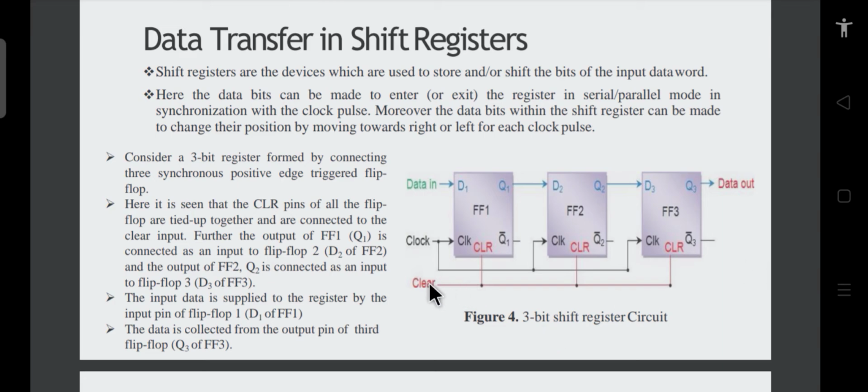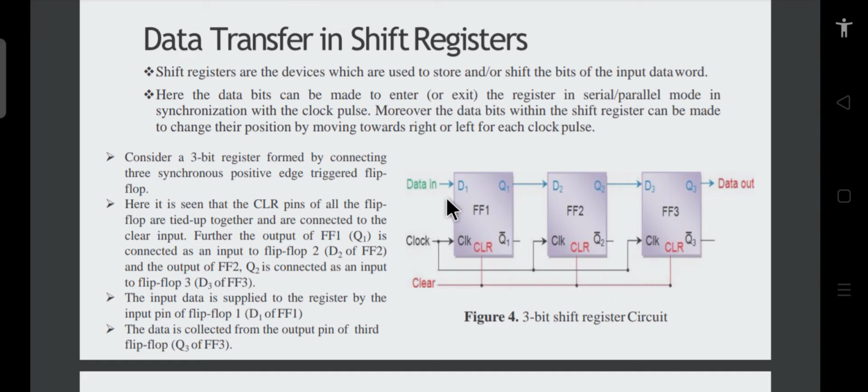When this clear input is high, these flip flops get reset. The outputs of all the flip flops will be 0; clear means the output will be cleared, so it will be 0. Here you can also see that all the flip flops of the register are connected with the same clock, so simultaneously they will get triggered.